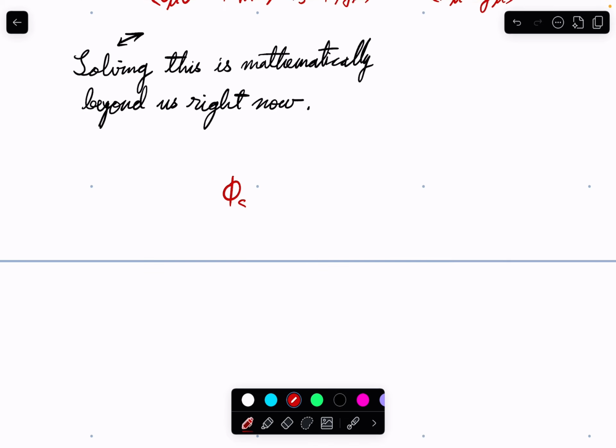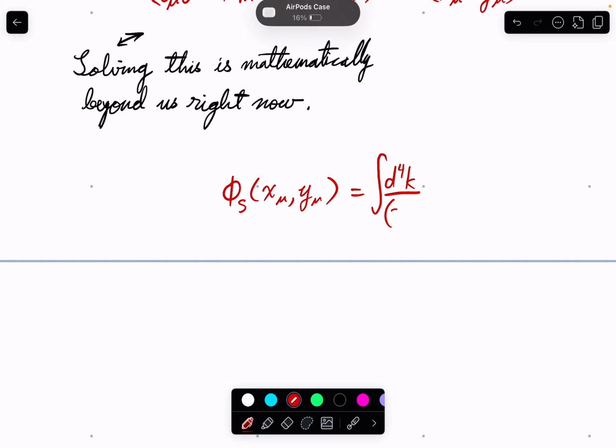So we will assume we know the solution already, and we'll say that it's the following. The special field solution is the integral over the wave vector space, which is basically just momentum space, but you're off by a factor of h bar.